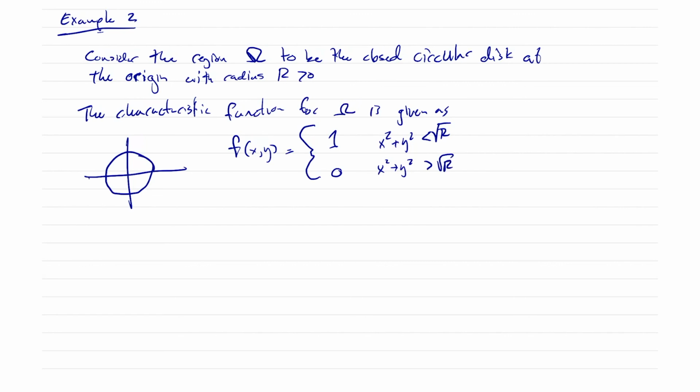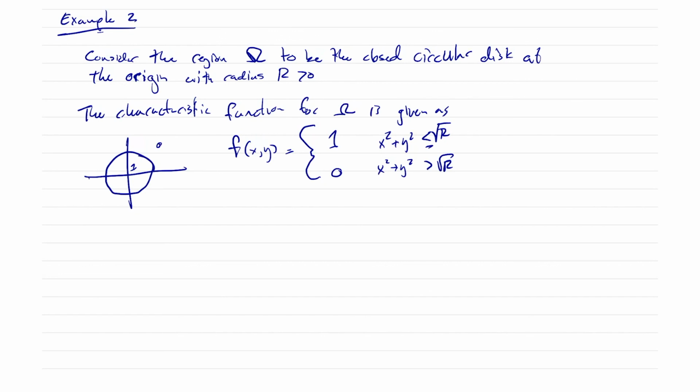And we need to put an equal sign somewhere. We'll put it up here. So we're basically 0 out here and 1 on the inside here. A characteristic function is a function that takes the value 1 on the inside of a set and 0 on the outside. So that's basically this.